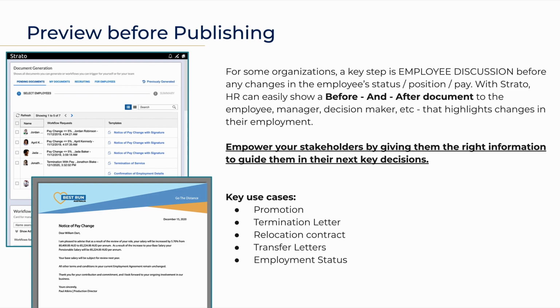An example would be you're about to terminate an employee. The process in SuccessFactors is you create the termination, but the employee will see that he's terminated only when the termination has been approved by all the participants of the workflow. So the hiring manager, the line manager or the HR admin will have to approve the termination.